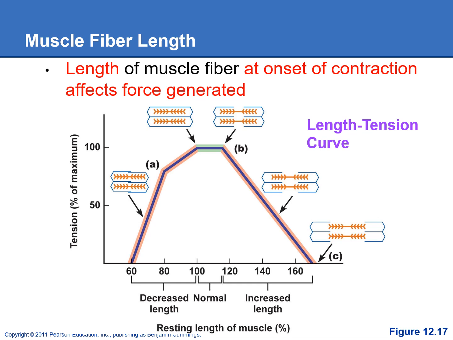So this graph is just showing you that the maximum amount of tension or force that you can produce will be up here at the top, when your sarcomeres are this length, and that's where our muscles are set. They are just naturally made that way.